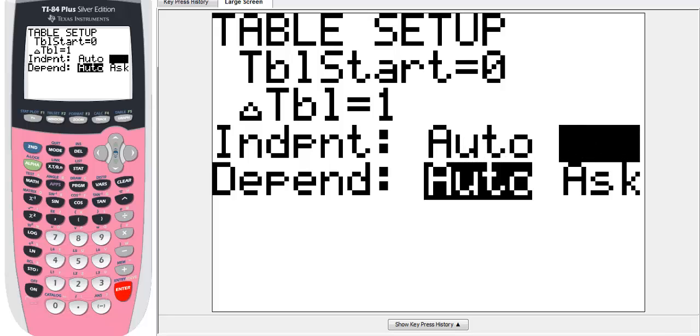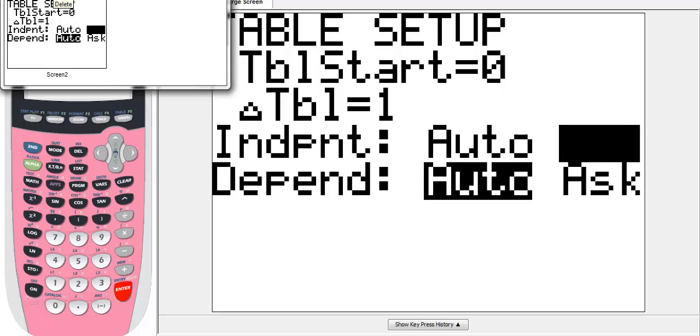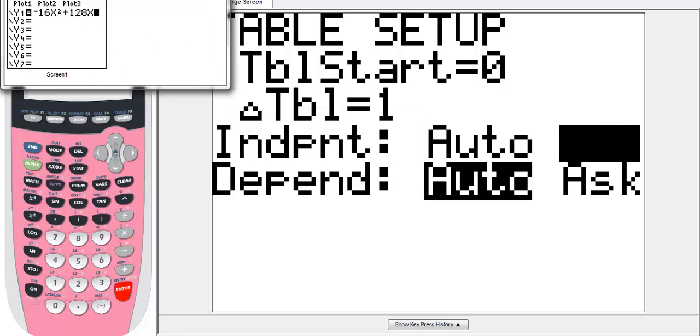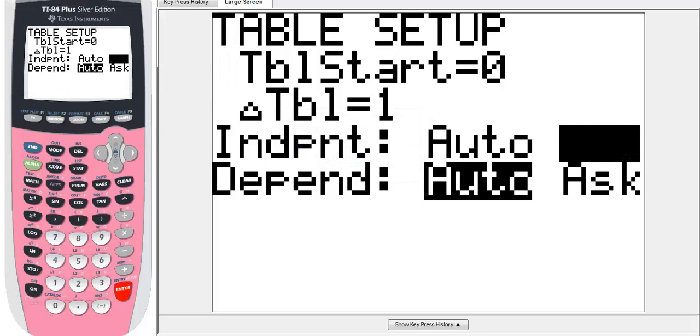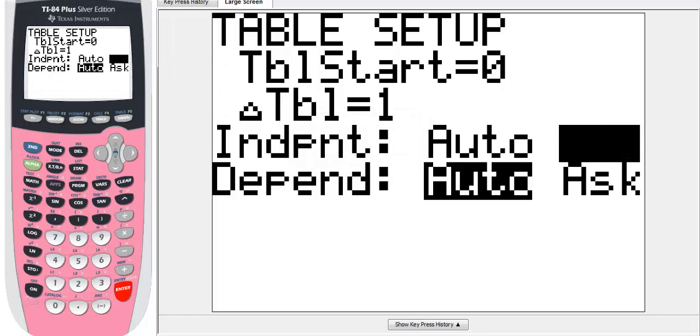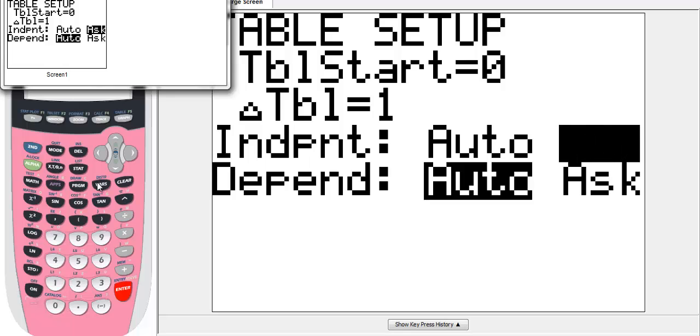I want to make it to where this doesn't blink on there, so I have to do this weird little thing where I go blinky, blinky, blinky, blinky, stop. Didn't get it. Aha, got it.